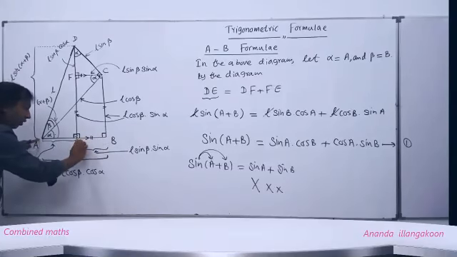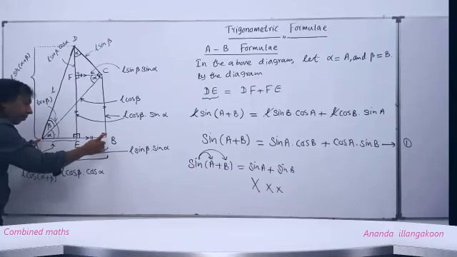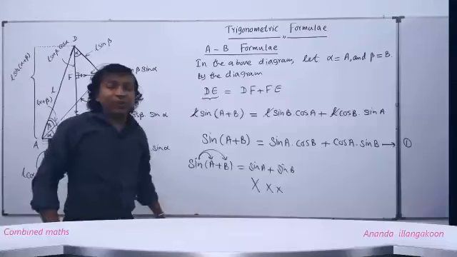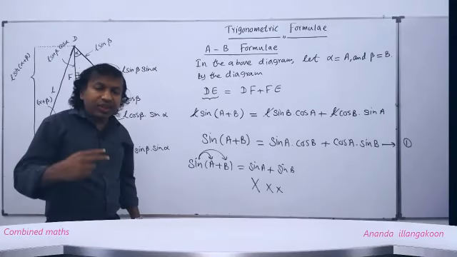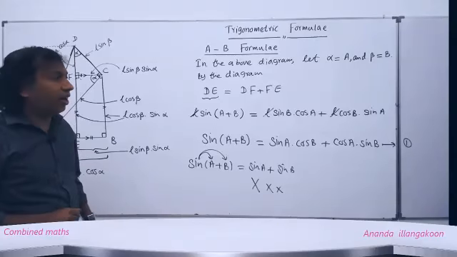From this whole length, AB, we remove this, then we get this. Then AE length we can write as AB minus BE. Then we get, in the same way, the cos A plus B formula. Using those 2 only, the rest we take. Okay, then we can write.